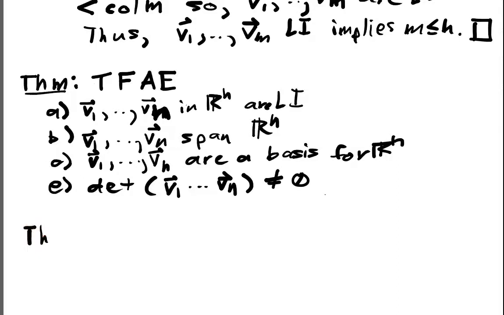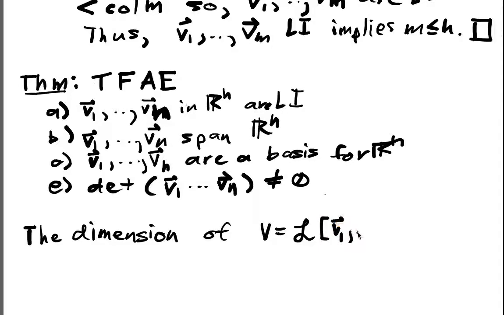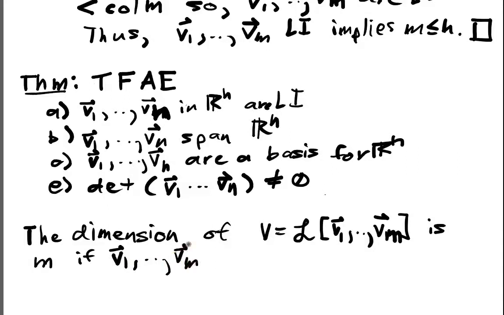So in particular, the dimension of V equal to the linear combinations of v1 up to vm is m if we have that v1 up to vm are linearly independent. So if I have a collection of m vectors that are linearly independent and span V, I'm going to say the dimension is m.